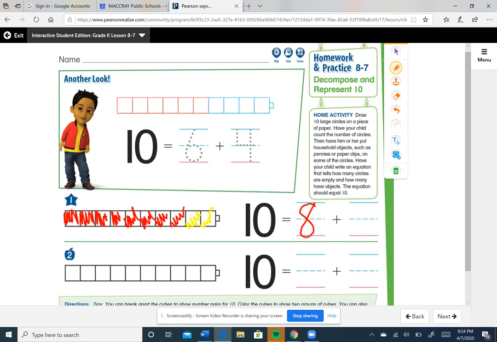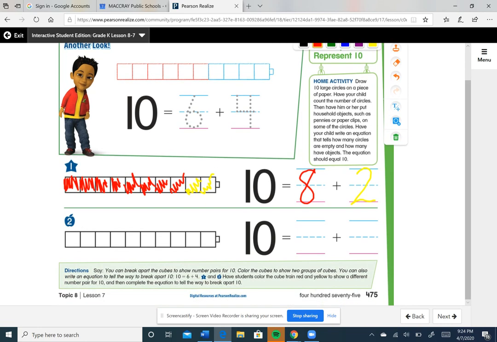Make sure all your cubes are colored in so you know you have 10. All right, now on number 2, you need to make sure it is different than the top one. So our equation for the top says 10 equals 8 plus 2. Now I'm just going to do that.